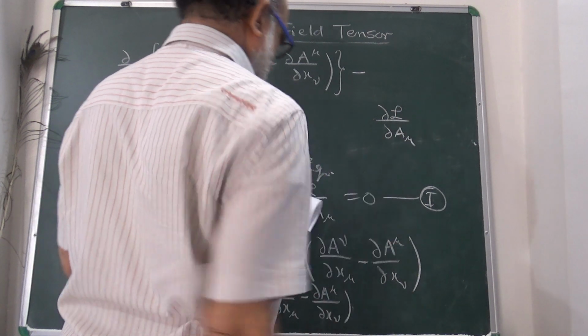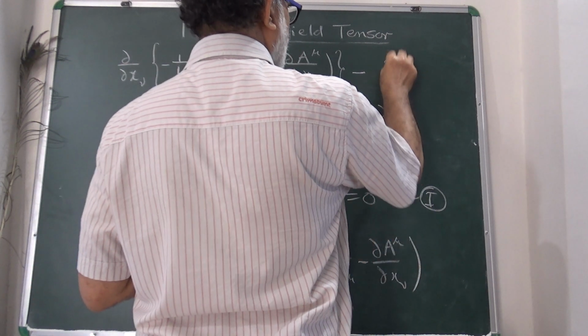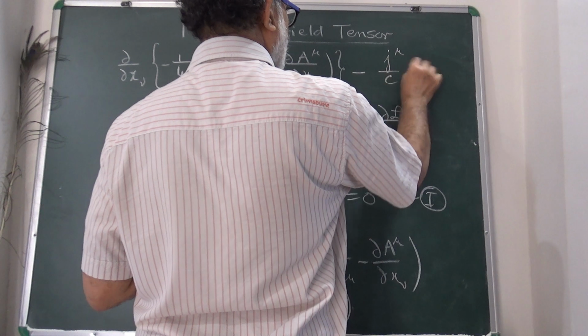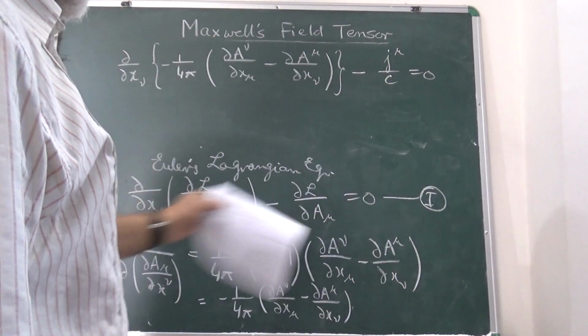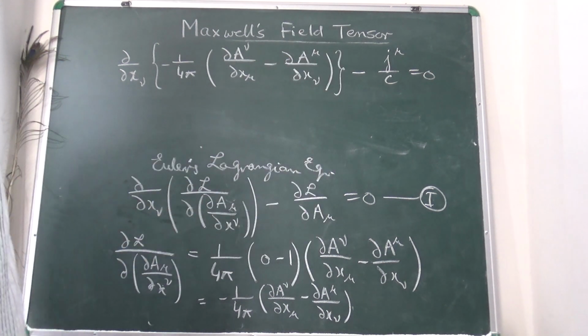This will give you J mu by C. So substituting on the left this equation, we get this.